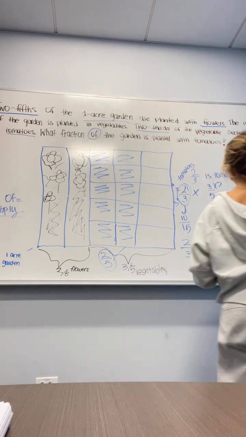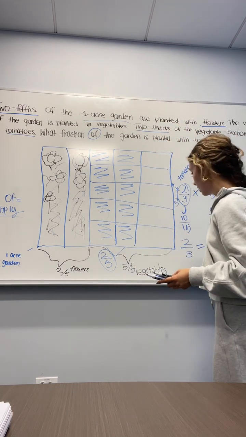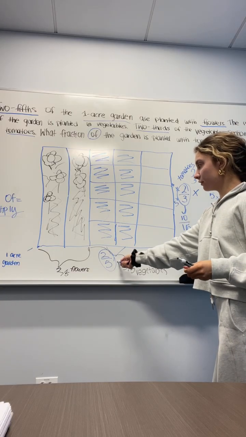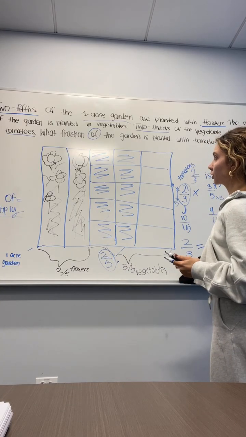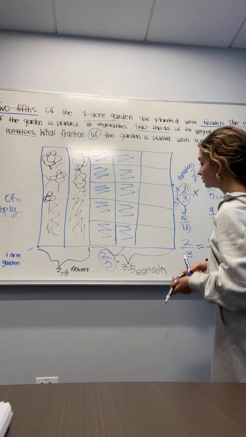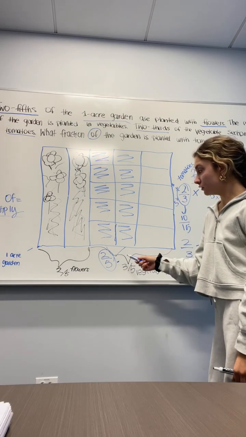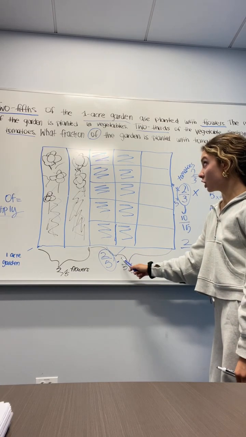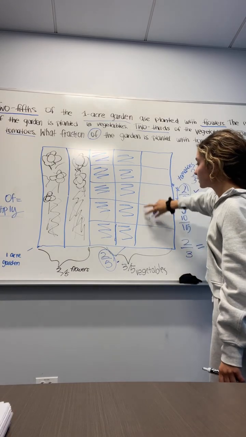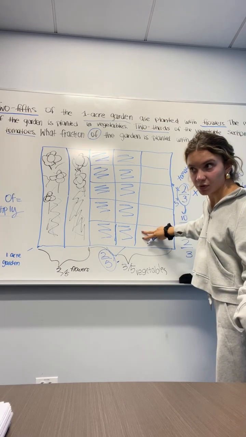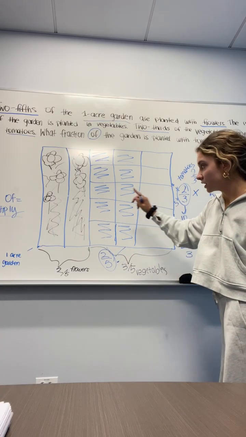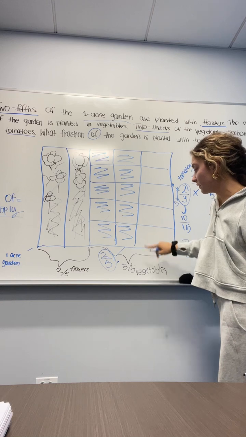So with that, our answer would be 2/5. Remember, our question was what fraction of the garden is planted with tomatoes? Our answer would be 2/5 of the garden is planted with tomatoes. And I guess this other section would be a different type of vegetable, because we know from the problem that those 2/5 are flowers and these 3/5 are vegetables.